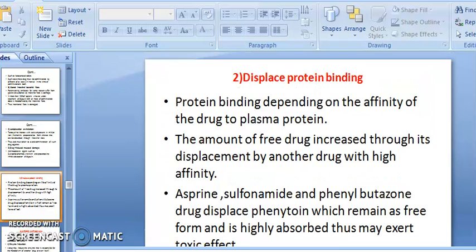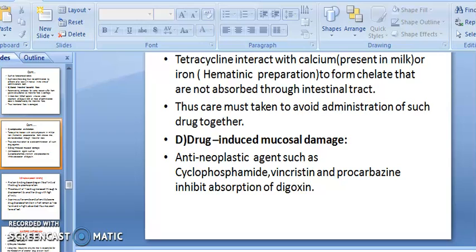Drug-induced mucosal damage: drugs have a property to induce, that is, increase, mucosal damage. Anti-neoplastic agents such as cyclophosphamide, vincristine and procarbazine inhibit the absorption of digoxin.